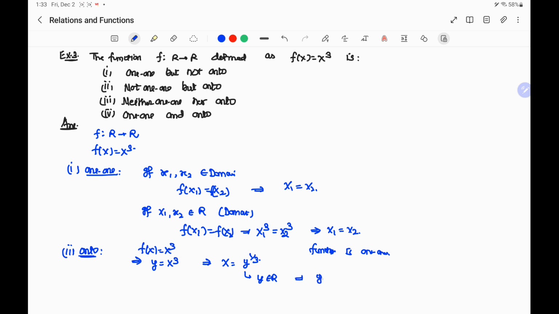This implies that y raised to 1 by 3 will also belong to the set of real numbers. This implies that x belongs to the set of real numbers, which is also the domain. Therefore each element in the codomain will have some pre-image in the domain. Hence, the function is also onto. Therefore, the function is 1-1 and onto. Option 4 is the correct option.